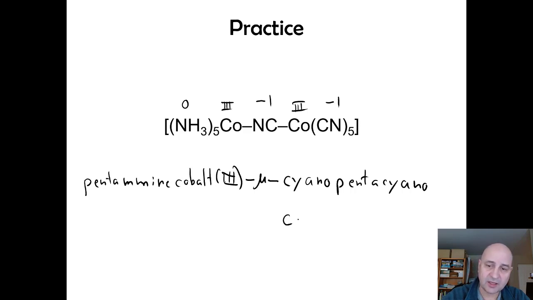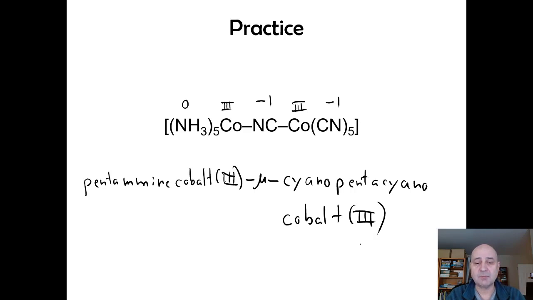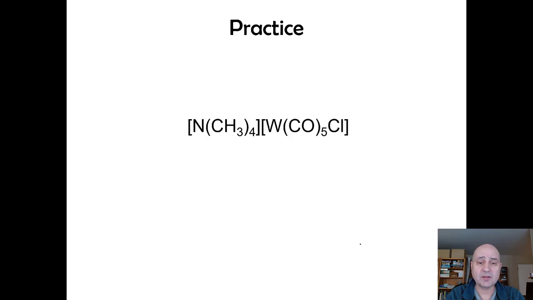I'm running out, so I'll write it here. Cobalt also 3. This is neutral. No counter ions required in this case. So that's the name for this bridging complex.